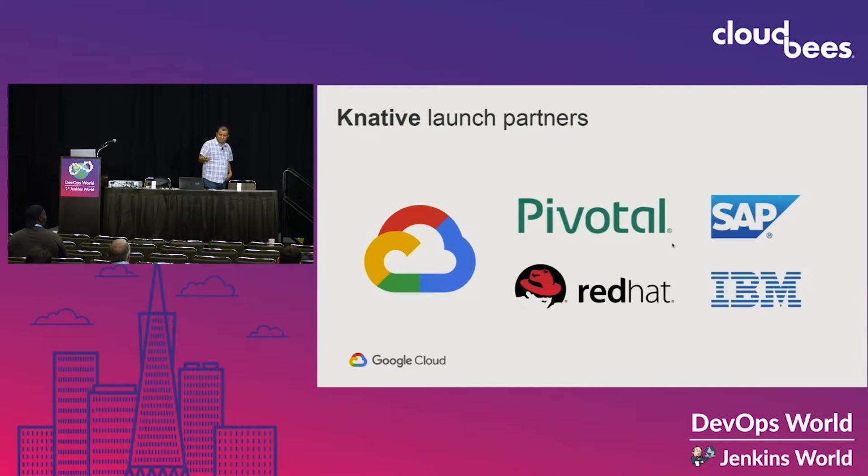SAP has Kyma, and Red Hat is also quite actively involved in the Knative project. We have a Knative Tech Talk every month, with speakers from all of these companies giving talks on various aspects of Knative, and it's broadcast live on YouTube, so anybody is welcome to join.